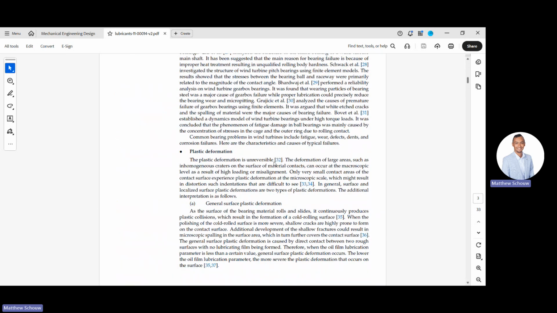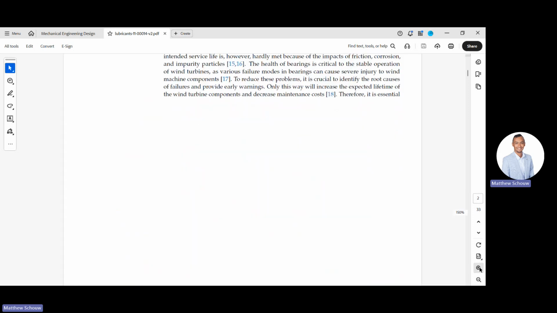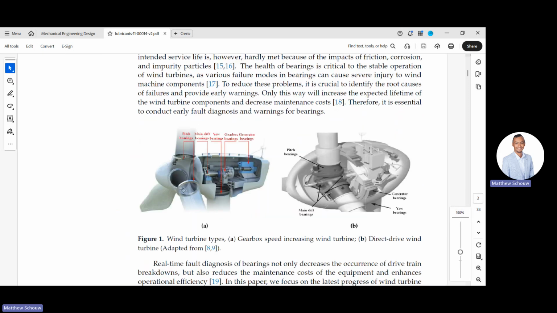Now, there were several possible reasons why. I did showcase this as well. We're talking about two different wind turbines, one with a gearbox and one with a direct drive, and they're just showing you where all the different bearings are, just to illustrate how important bearing as a mechanical element is.